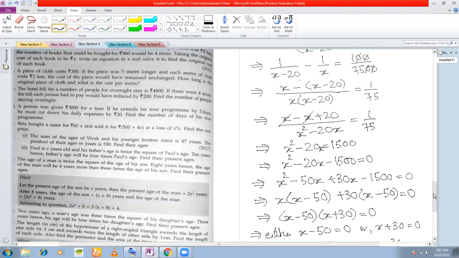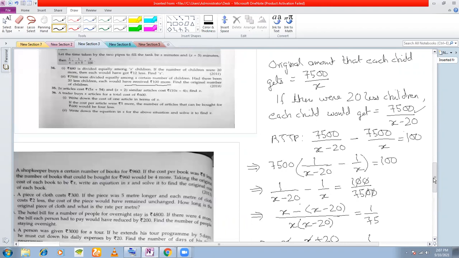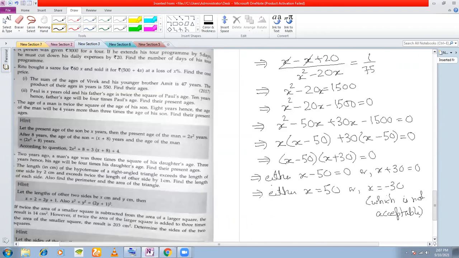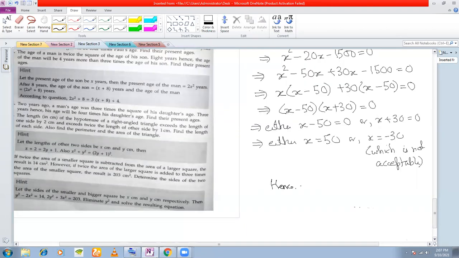Hence, the original number of children is 50. And I think that was the question. Hence, the original number of children is x is equal to 50. And that's your answer.